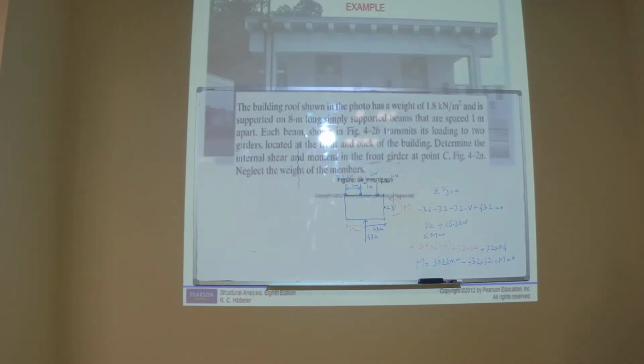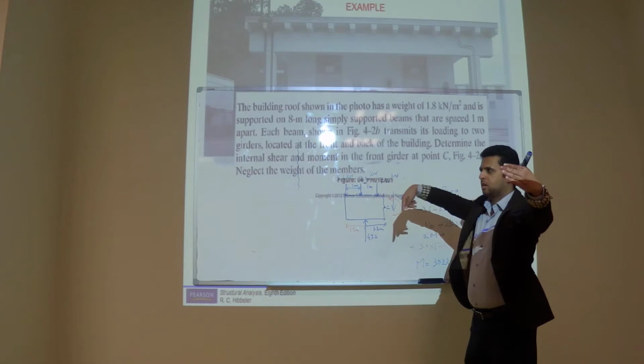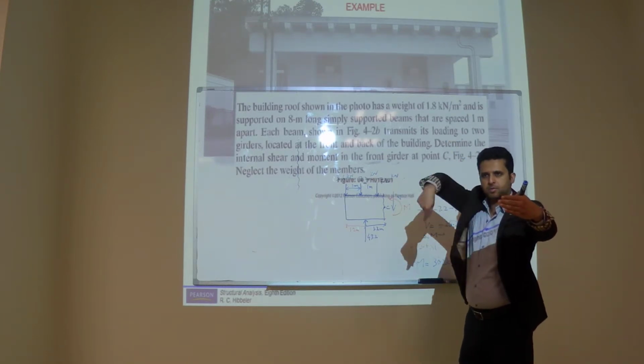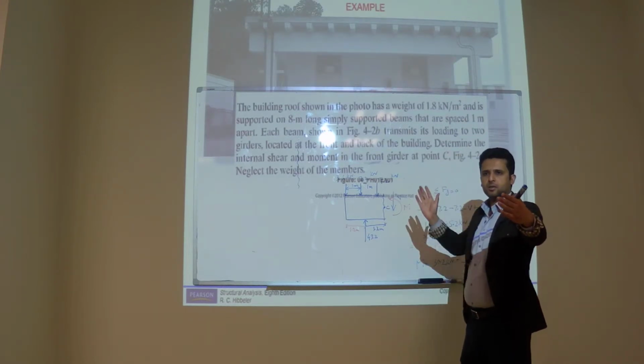You know this beam, it is 8 meters long, and the load on this beam is 1.8 kilonewton per square meter multiplied by a spacing, and that spacing is 1. So the load on this beam is a UDL, and the load is 1.8 kilonewton per meter.